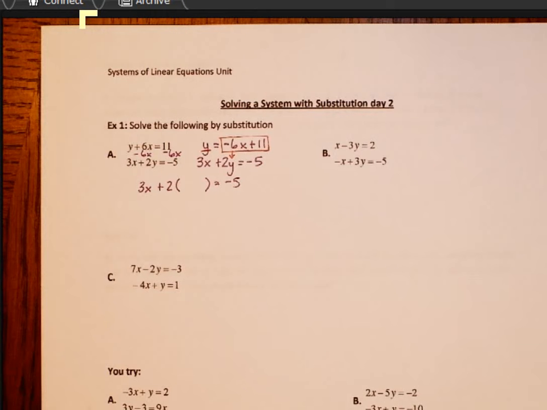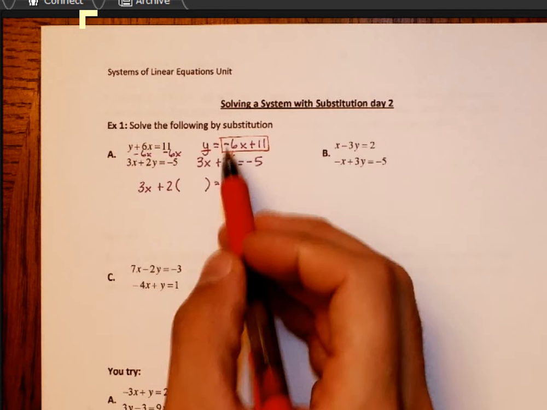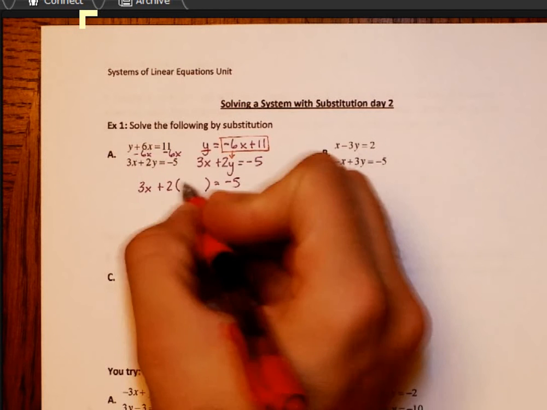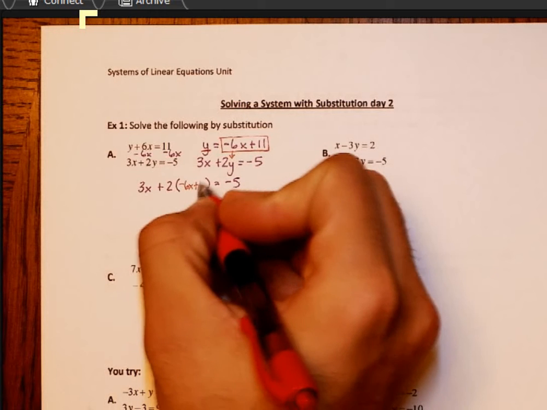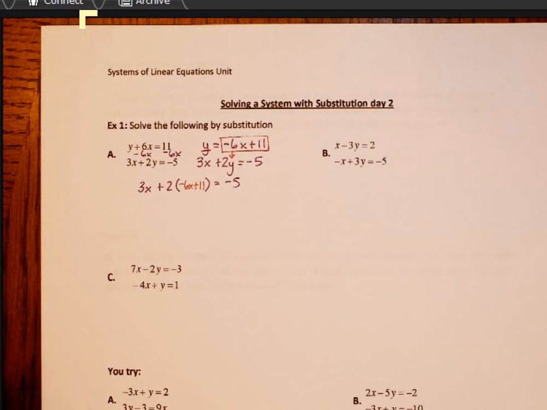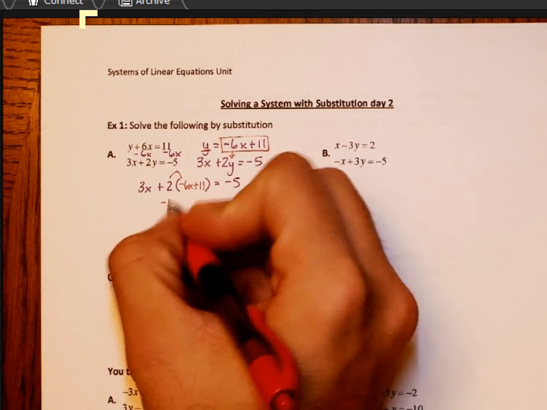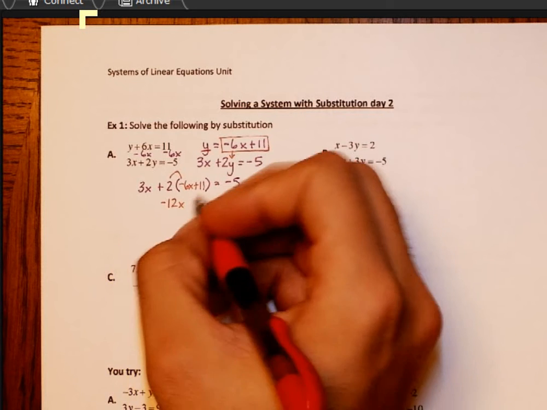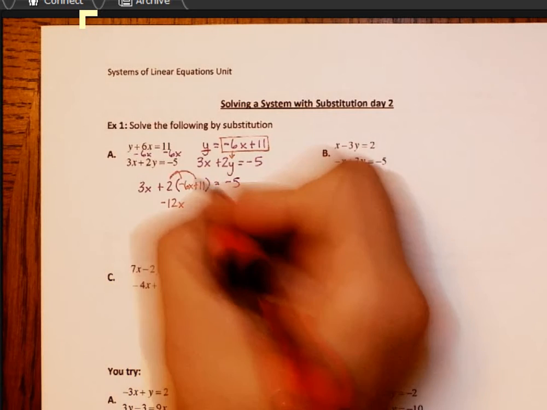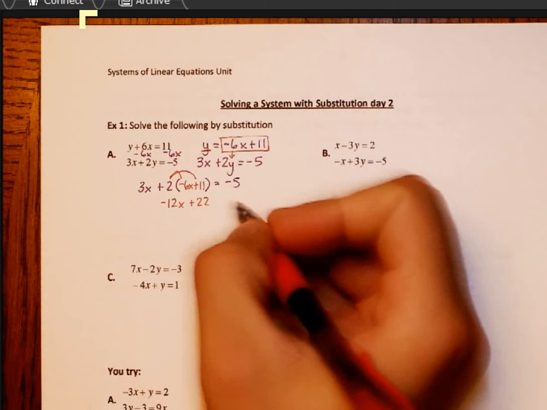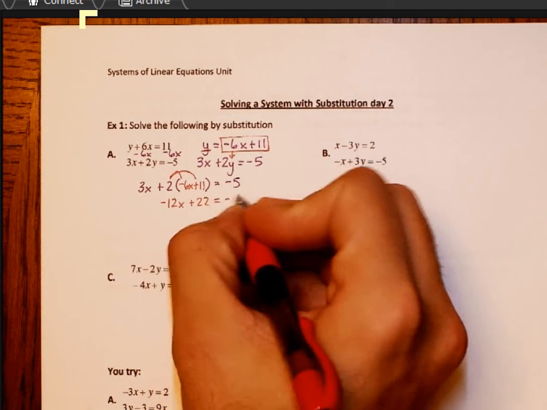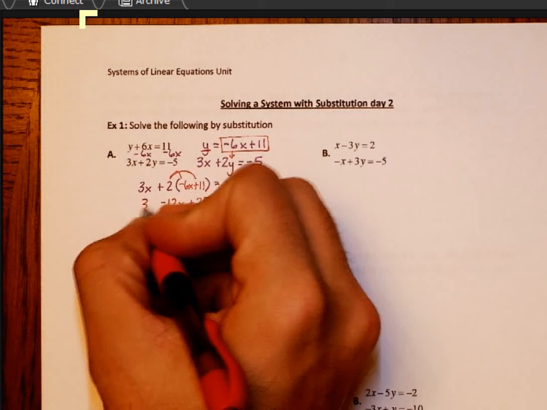Now what goes in parentheses is what y is equal to, so negative 6x plus 11. And now I'm going to have to distribute if I want to solve for x. So when I distribute, 2 times negative 6x is negative 12x. 2 times 11 is 22. I didn't touch the equals negative 5 or the 3x out front.